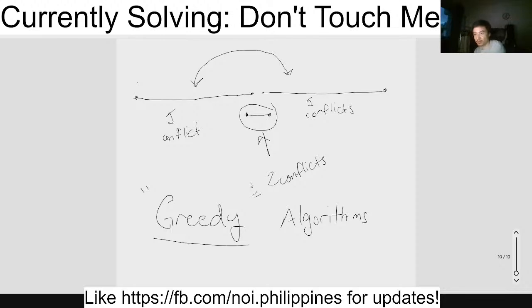What's the problem with the greedy algorithm? Well, it's very tempting to just throw a greedy algorithm at a problem, because you can easily come up with a greedy algorithm.